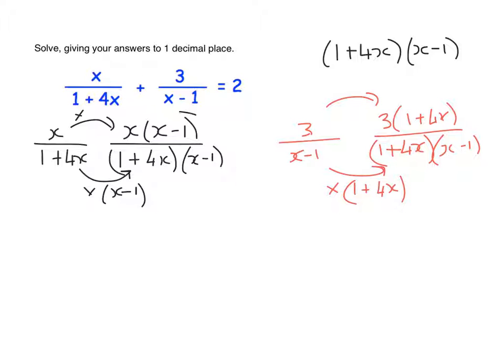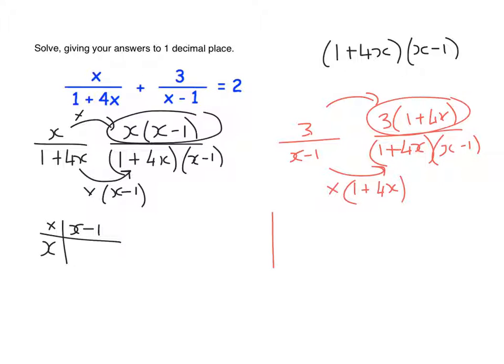So I've now got several different grid methods. I've got this one here, x times x minus 1. I've got this one here, which is 3 times 1 plus 4x. And then I've also got the one on the bottom, which is the same for both, and that's a double grid.